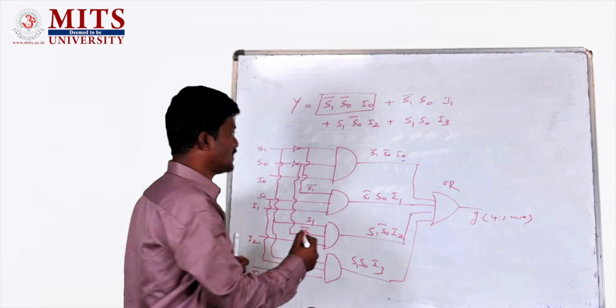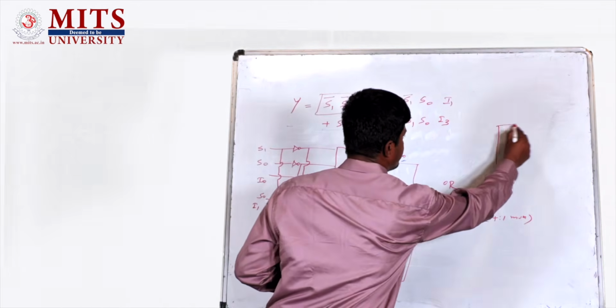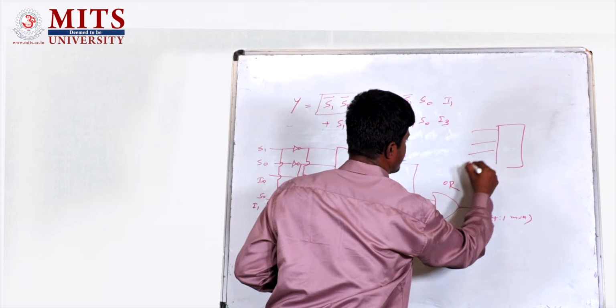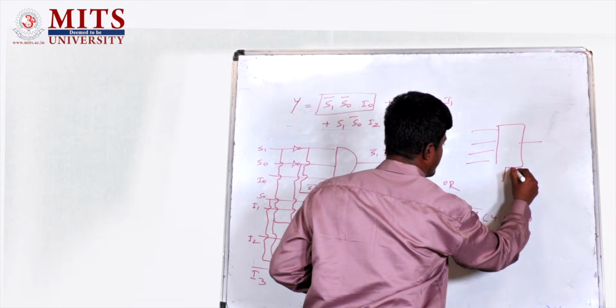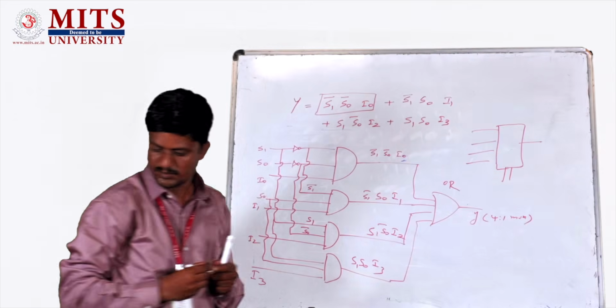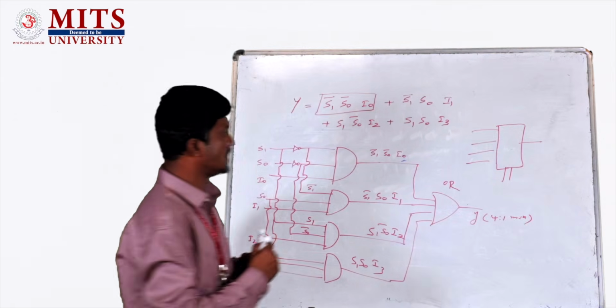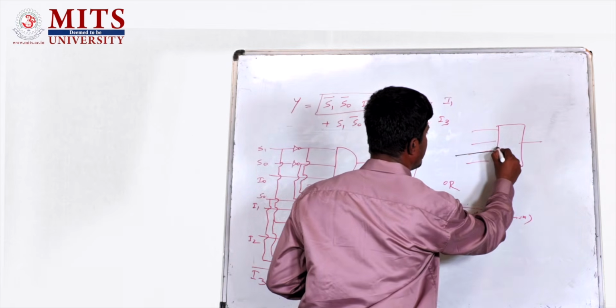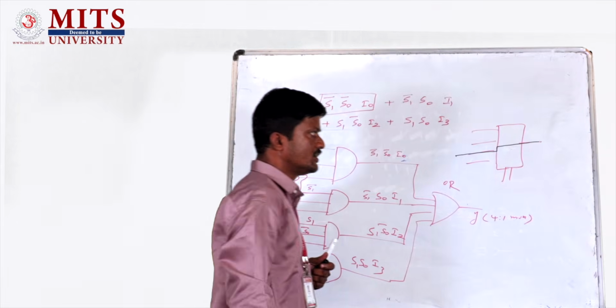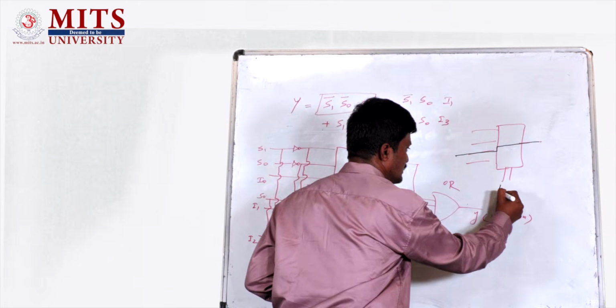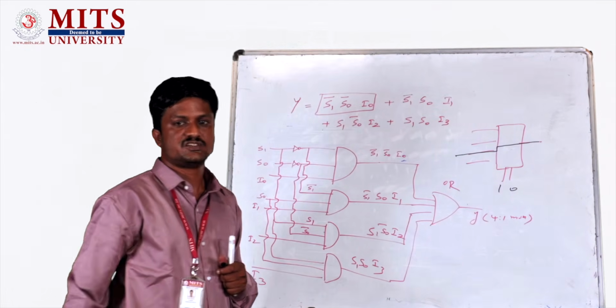For example, if you want to select the third data input as output, then your selection lines are 1, 0.